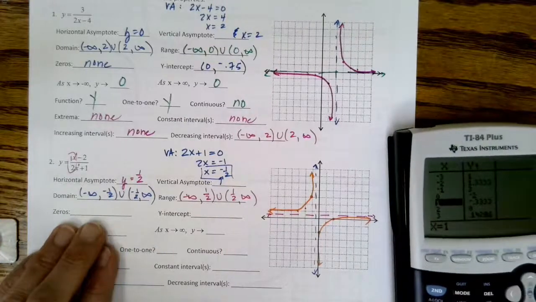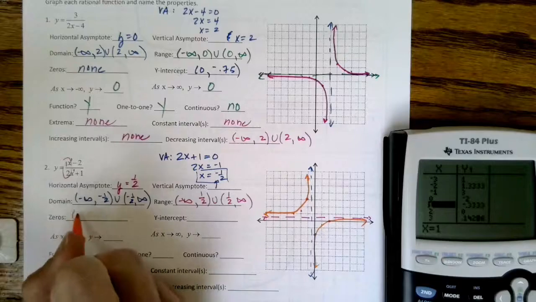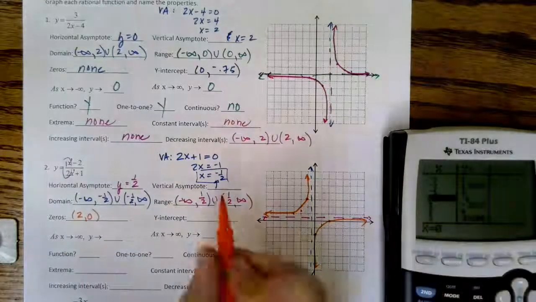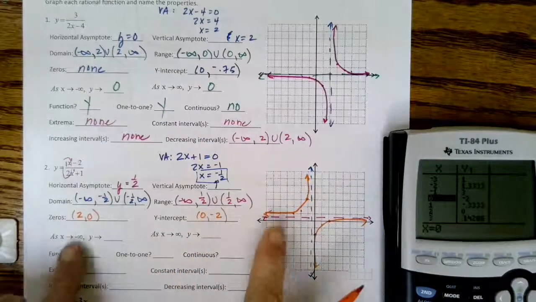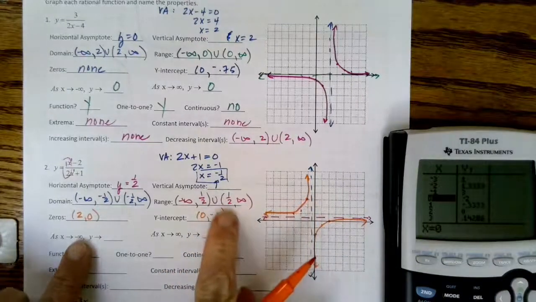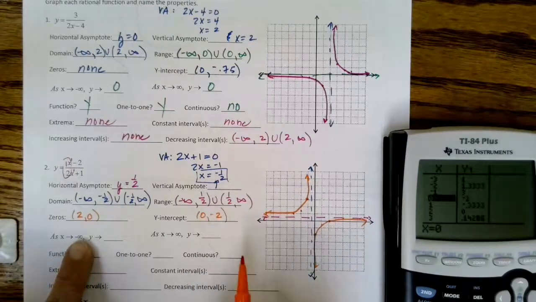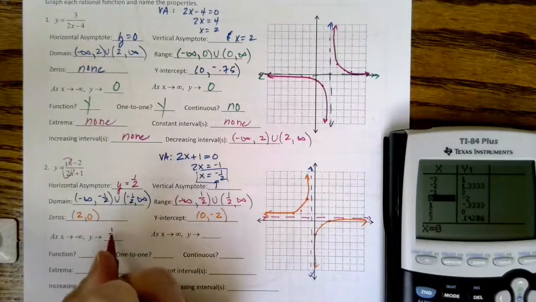I can look at this table of values and say that when 2 goes in, 0 comes out. When 0 goes in, negative 2 comes out. My end behavior, as x approaches negative infinity and positive infinity, they're both approaching that asymptote of positive 1/2.